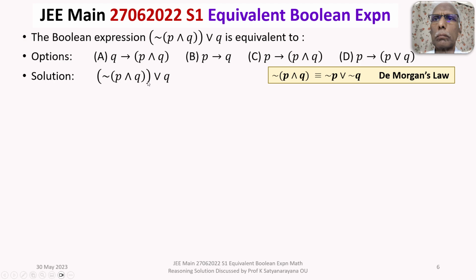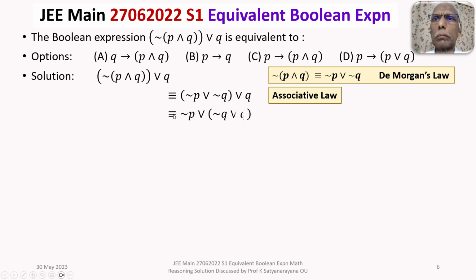Negation of (P and Q) is negation of P or negation of Q. So we get negation of P or negation of Q, or Q. Agreed? Now, we associate negation of Q with Q, so we apply the associative law. That is logically equivalent to negation of P or, in brackets, negation of Q or Q.